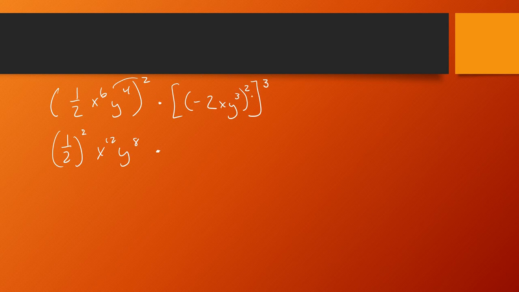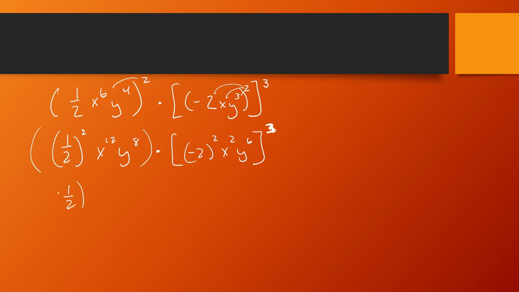Now I've got to work inside the parentheses and then out. So I'm going to leave my big bracket for a moment. Inside, negative 2 squared x squared y to the 6th. Okay, so I've distributed the power here. I've squared all of that. Now I'm going to cube it again.